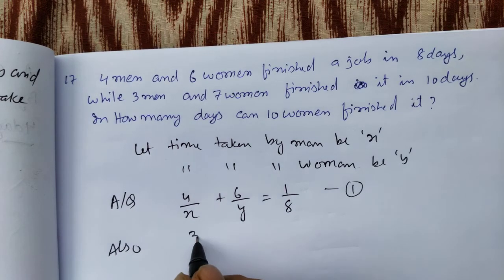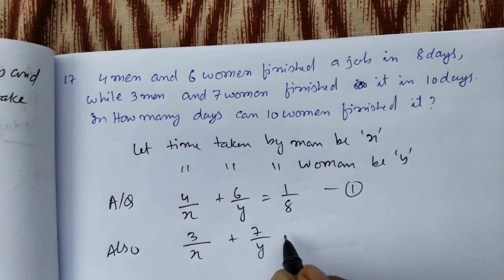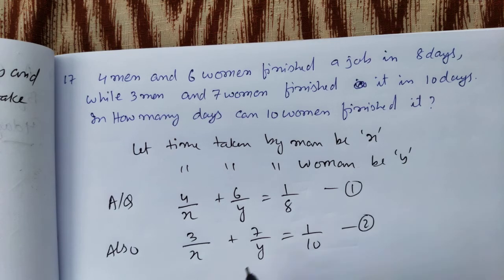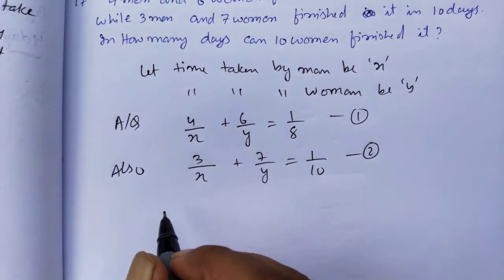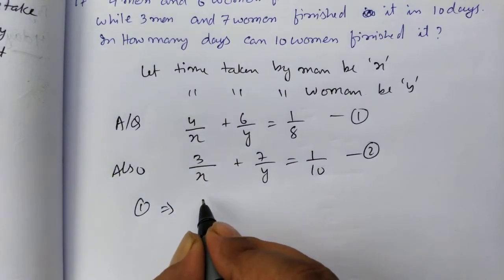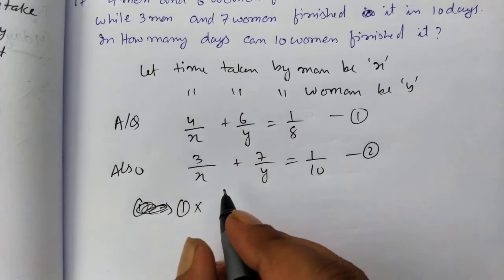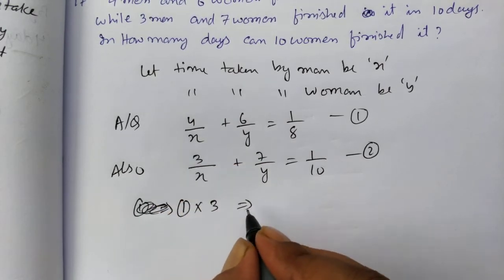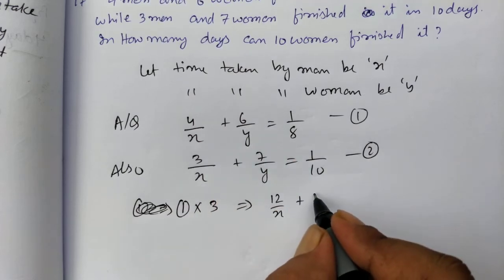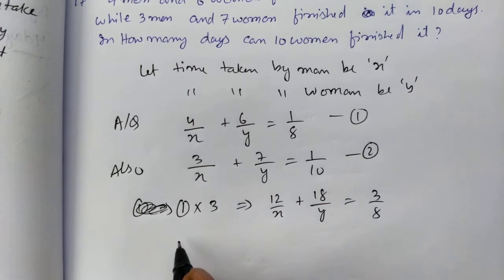Second part, 3 men and 7 women can finish the work in 10 days. This is your equation 2. We'll equate this and find the value of X or Y. So equation 1 into LCM is 12, so I have to multiply by 3. 12 by X plus 3 6s are 18 by Y equal to 3 by 8.